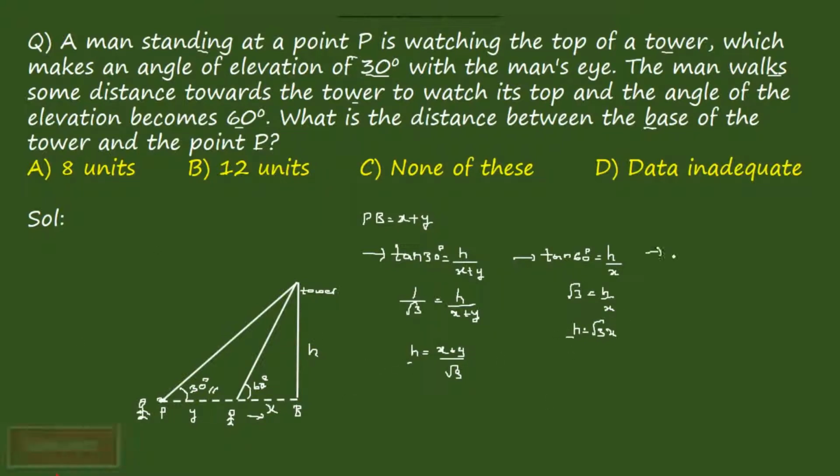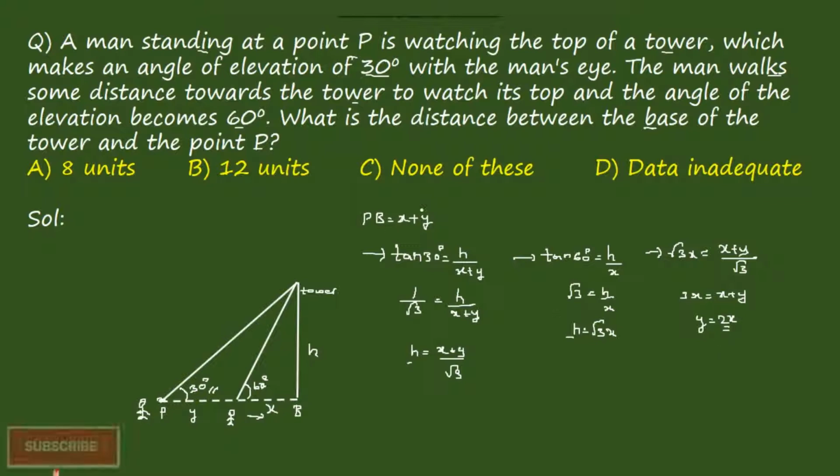Then we get root 3 x is equal to x plus y by root 3. Root 3 into root 3 becomes 3. Then we get 3x is equal to x plus y. Then y is equal to 2x.